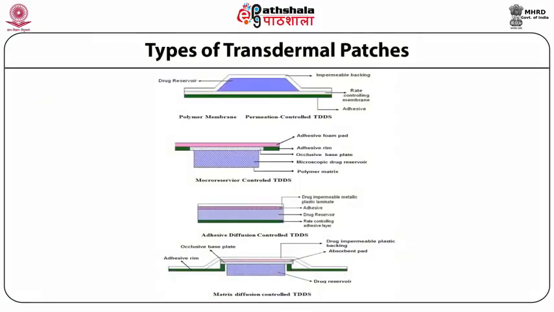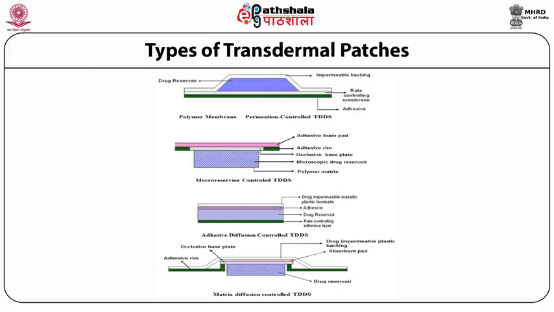My dear students, the transdermal patch is a very popular system of drug delivery. In front of you on your screens, you have different varieties or types of transdermal patches. The naming of the patches is based on the mechanism or the components which have been used. The first one is the polymer membrane permeation controlled TDDS, that is, transdermal drug delivery system.